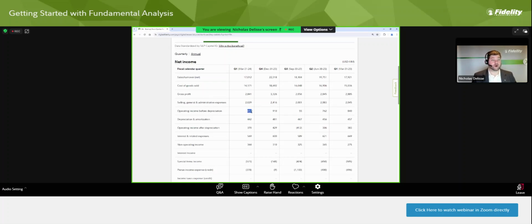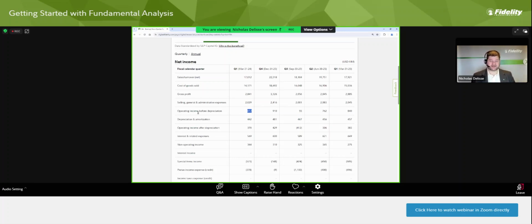This is going to give you your operating income, your OI. And then we're going to add in depreciation, amortization, and such. You might have heard the terms EBIT and EBITDA: earnings before interest and taxes, and earnings before interest, taxes, depreciation, and amortization.